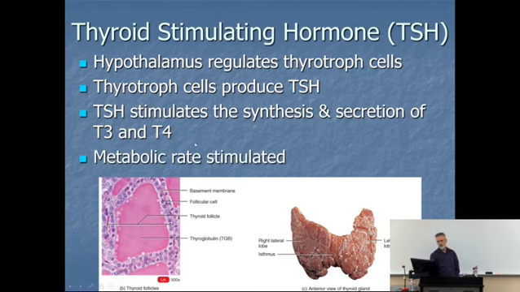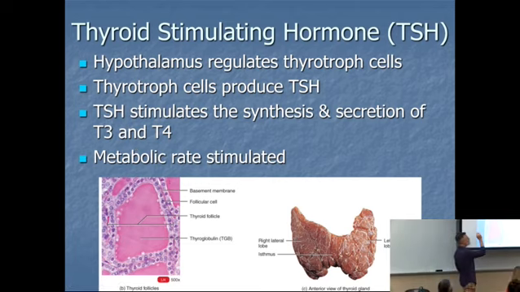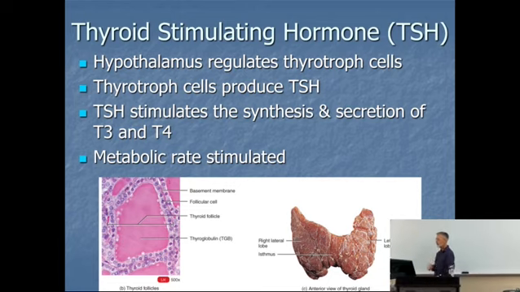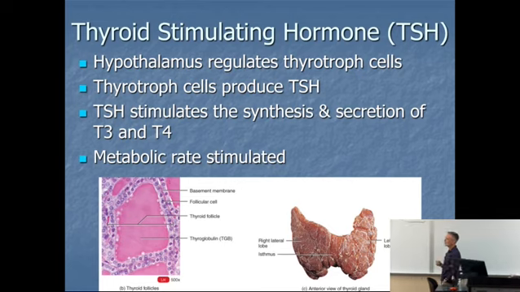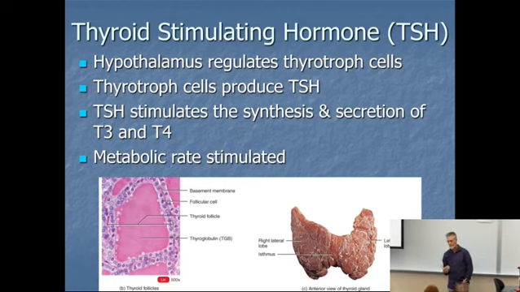And when we were talking about metabolic rate being stimulated, that's an effect of T3 and T4, which are the chemical variants of thyroid hormone. That increases metabolism. But TSH causes the increase of thyroid hormone, which then causes the increase in metabolism. So it's kind of a cascading effect, right? But the direct effect of thyroid-stimulating hormone is to get the thyroid gland and those follicular cells to release T3 and T4. That's what it does. Okay?